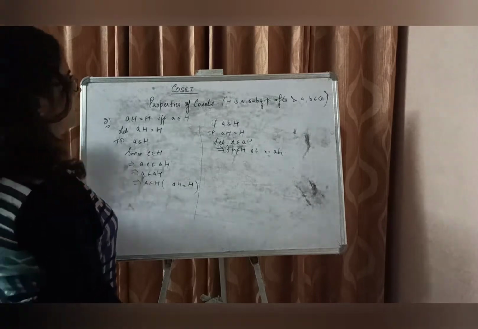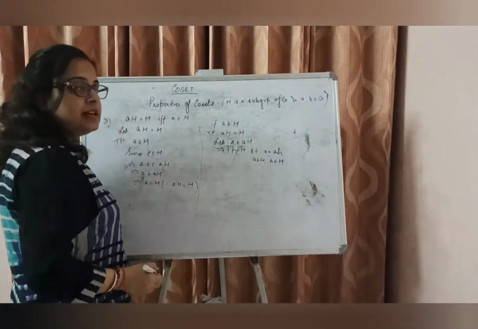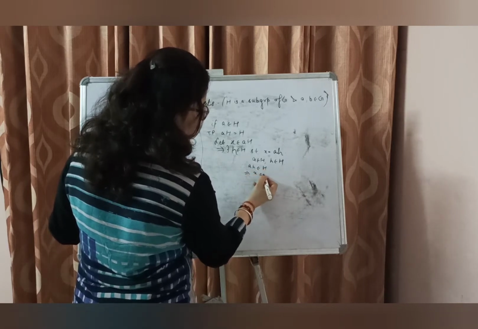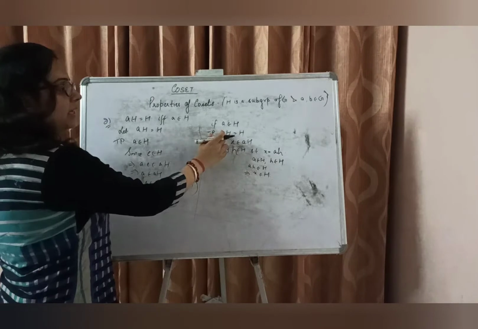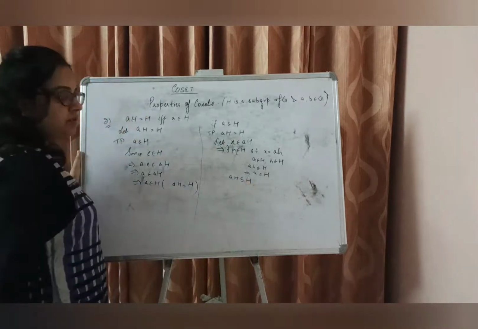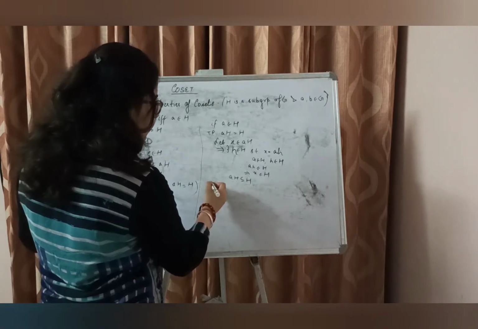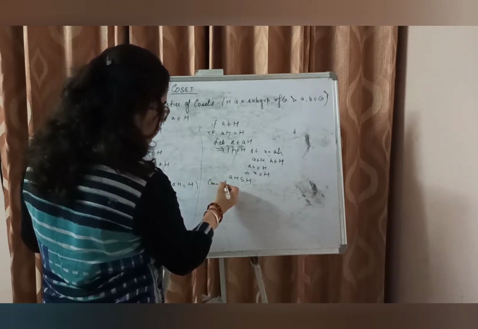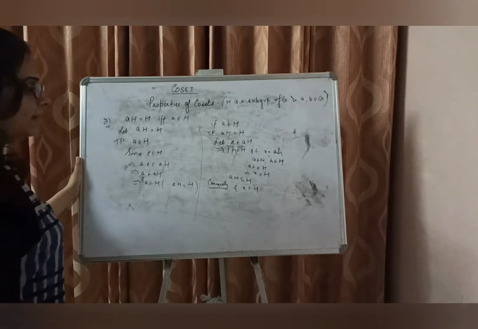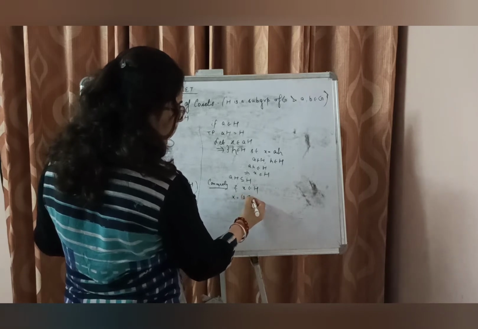Now a belongs to H, h belongs to H. Since H is a subgroup, therefore ah belongs to H. This implies x belongs to H. So every element that lies in aH belongs to H. Therefore, aH is a subset of H. Conversely, if x belongs to H, we can write x is equal to a into a inverse h.